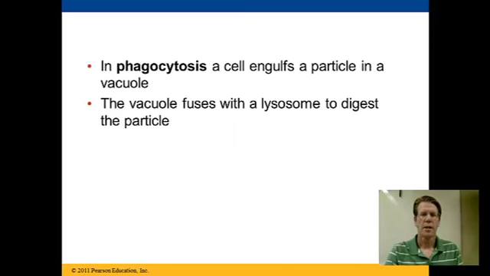structure. All right, and we saw an example in the last animation where phagocytosis is at play. We have some very large material that we want to engulf and bring into the cell.